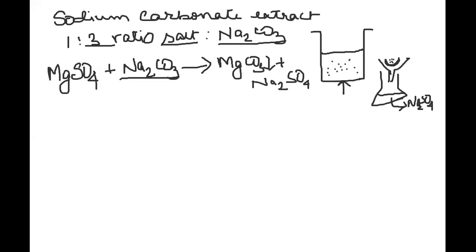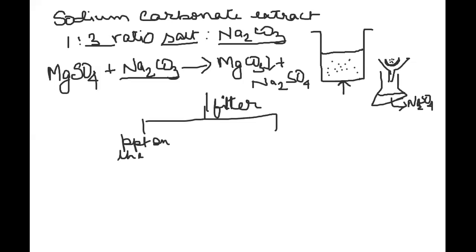Actually, this mixture that you are getting in the beaker, you are going to filter it. When you filter the mixture, you will get the precipitate and the extract. The precipitate on the filter paper, and of course, the filtrate is obtained, which is collected in the conical flask or in a beaker or anywhere as the case may be.